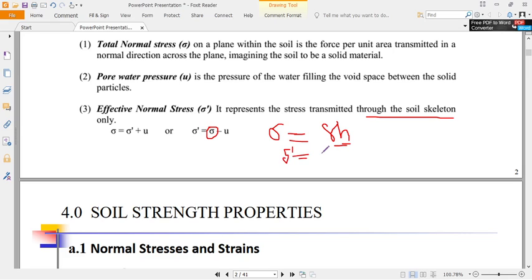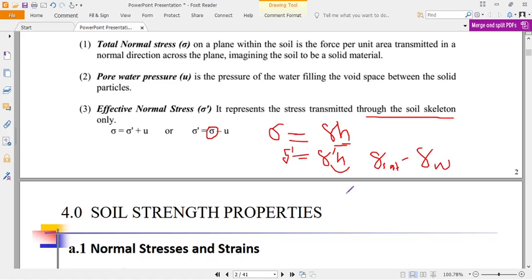While the effective stress we can say is equal to the submerged unit weight, or what people call the effective unit weight, which is equal to the saturated unit weight minus the unit weight of water.